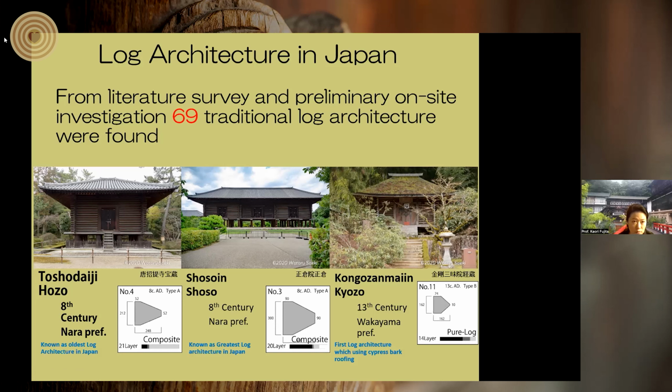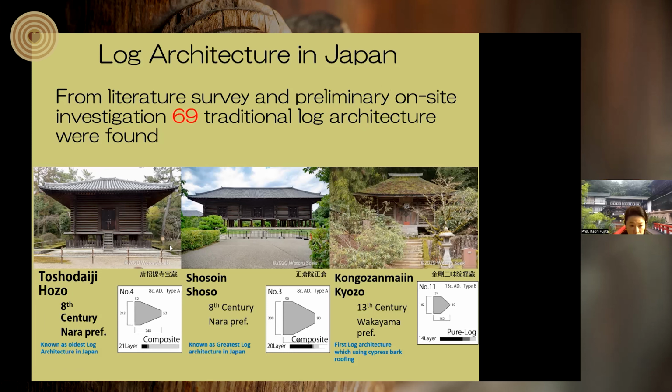We have been surveying these traditional log architecture in Japan for 10 or more years. From literature survey and preliminary investigation, we found that there are 69 of these traditional log style buildings. Some examples are seen here.